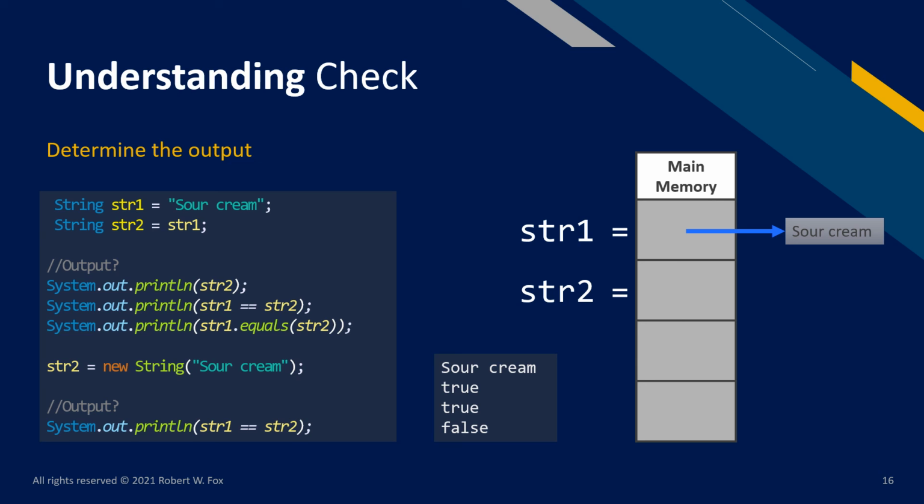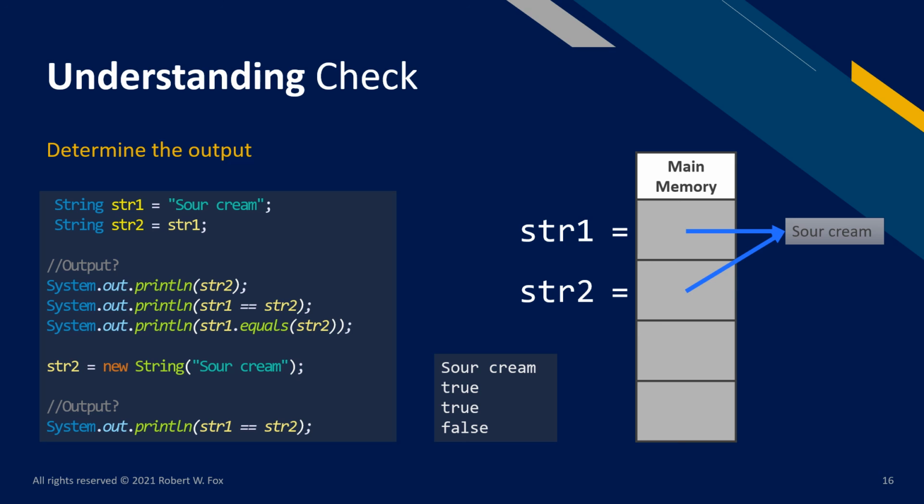Let's see why. We already know the first line creates a new object, a new string object, and sets it equal to sour cream. The second line creates str2 and sets it equal to str1. Notice we're not making a new string. This actually creates an alias. So when we print line str2, str2 refers to our object sour cream, and that's why it prints sour cream.